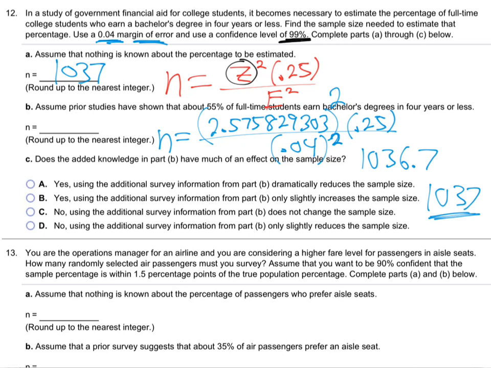How about part B? How's B going to be any different than A? Now, notice B: assume prior studies had shown that about 55% of the full-time students earn the degree. So they're giving me p hat. That's the second case, when p hat is known.